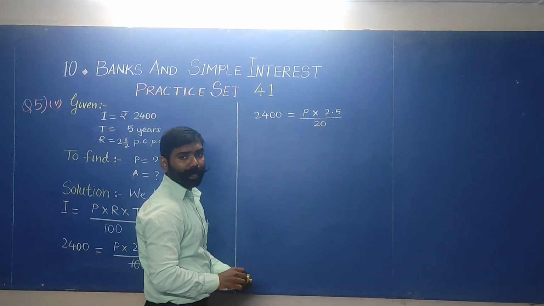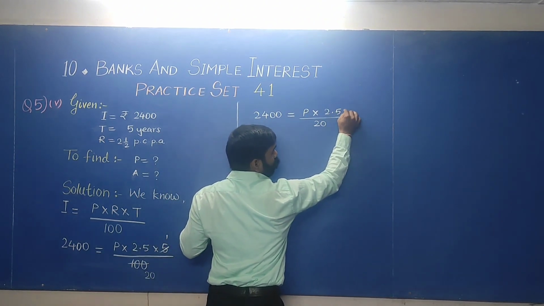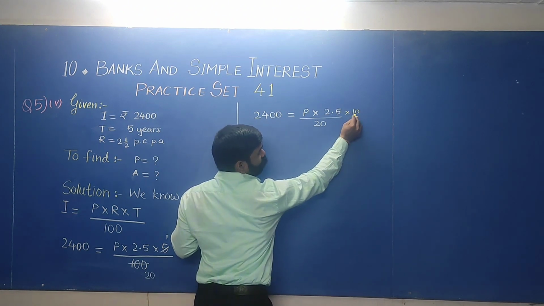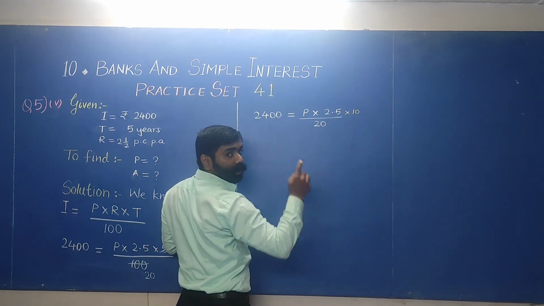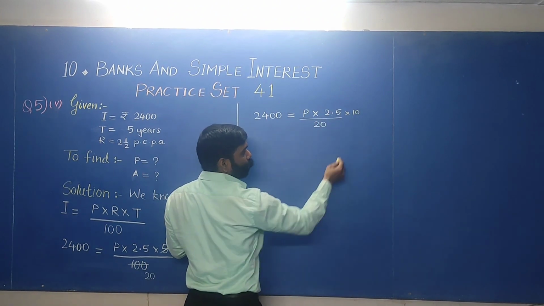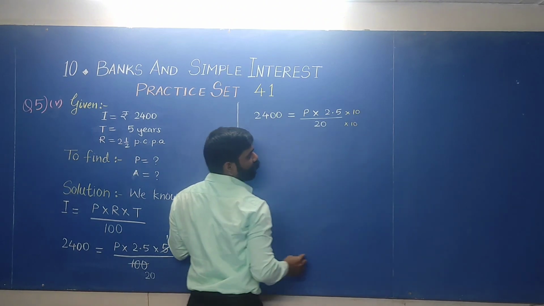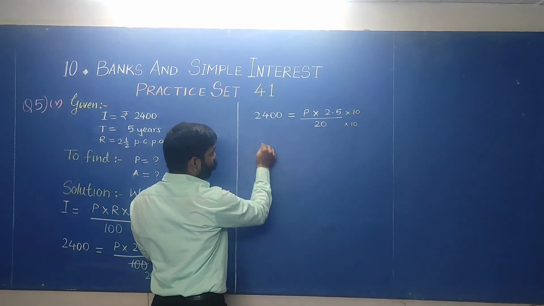Okay students, just pay attention. Now I need a multiplication of 10 so that I can dissolve this decimal point. If I multiply 10 in the numerator, I need to multiply 10 in the denominator as well.